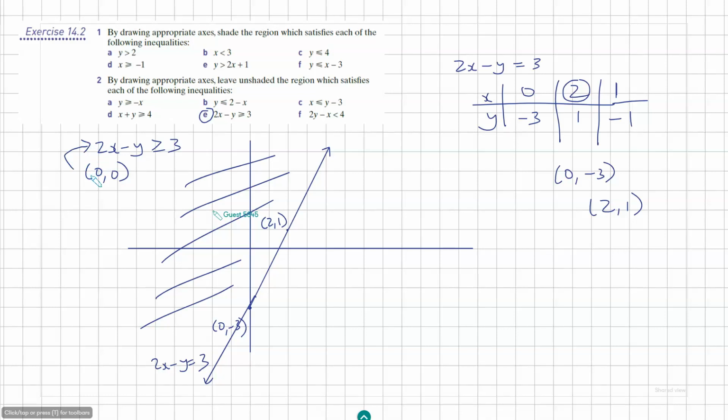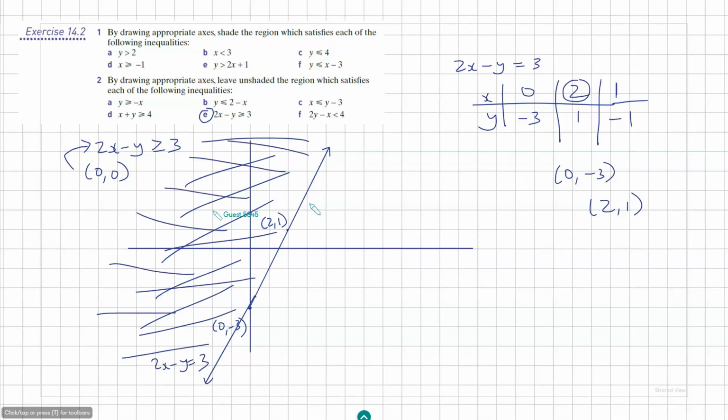No. So what is your conclusion? Below. So the actual solution is the region below this line, but in the question they have asked you to leave unshaded the region which satisfies. So our shading turned out to be correct after all. It was an accident, but still we did it correctly. So this is the solution. You should shade the area above this line.